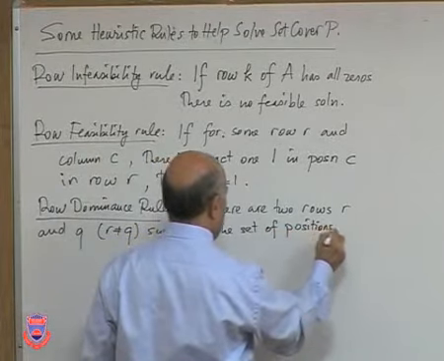Are you sure? The subset. If it was columns, which one can be dropped? That's what I'm asking. Q? Yeah. But he's saying row R. Are you sure? If it was column, then it would be R. No, we're talking about rows.